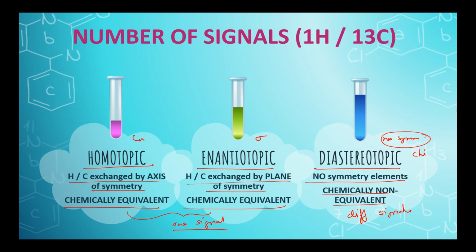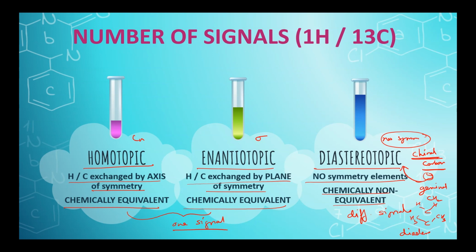I'll give you another clue, very simple clue. Just check for a chiral carbon in the molecule. If you have a single chiral carbon in the molecule, they become diastereotopic. So any geminal CH2 hydrogens, the hydrogens attached to the same carbon, or any geminal dimethyl attached to the same carbon, they'll become diastereotopic.